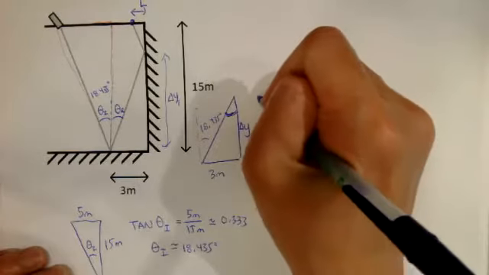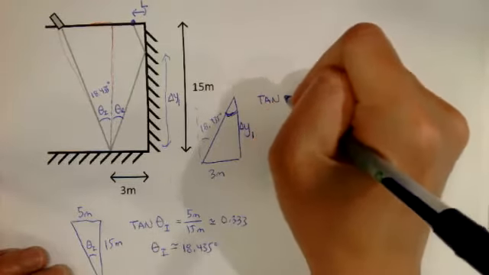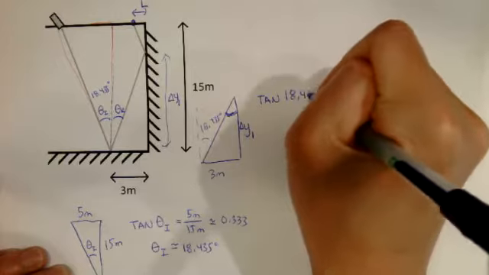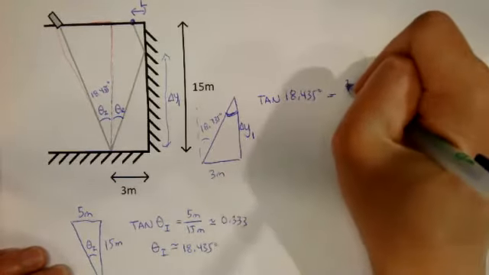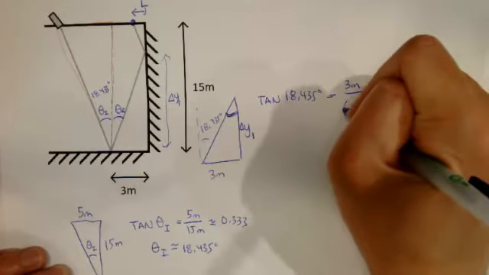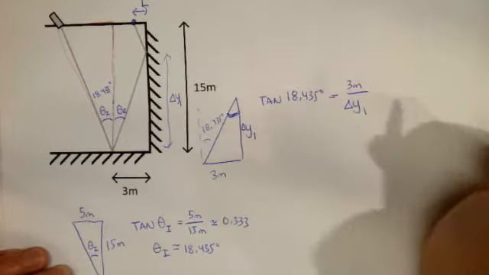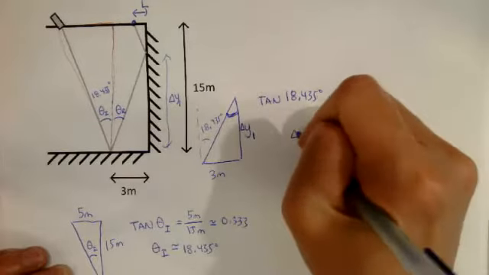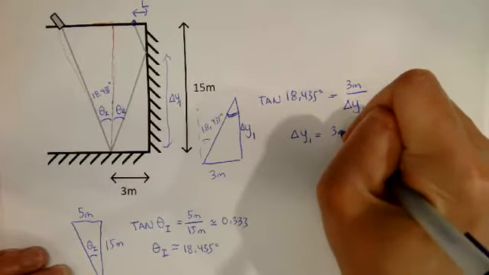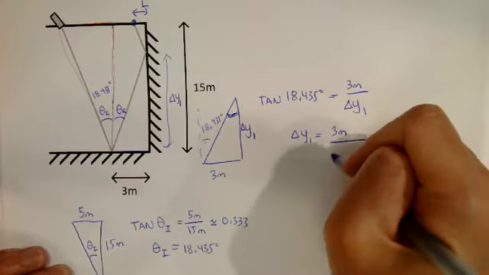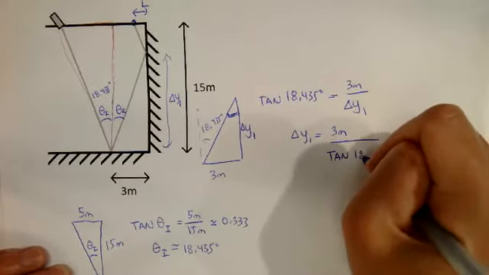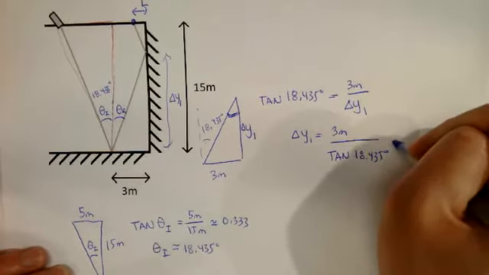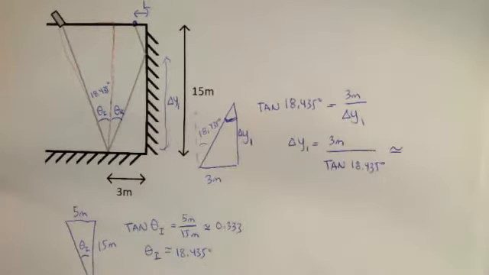That tangent of 18.435 degrees is equal to the opposite 3 meters over the adjacent delta y1, or delta y1 is 3 meters over tan of 18.435, which is give or take, return to the calculator.